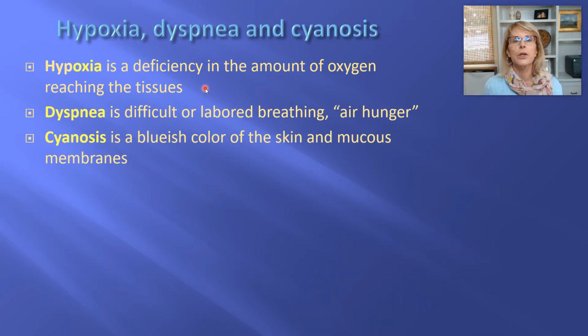That pulse oximeter is measuring, does their blood have enough oxygen in it? We learned that the respiratory membrane is one of the reasons why people may not get enough oxygen in their blood. If their blood levels of oxygen are less than about 95%, technically that would be considered hypoxia. Hypoxia is something that needs to be measured.